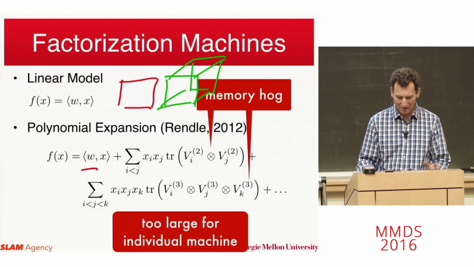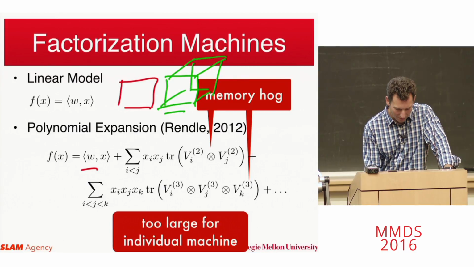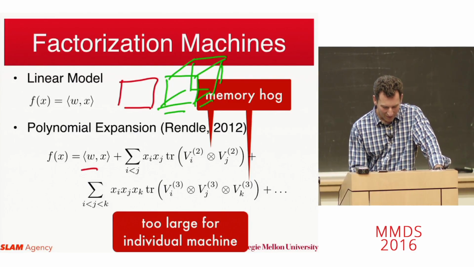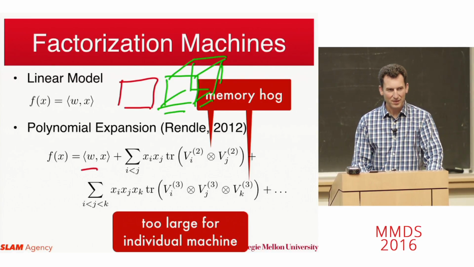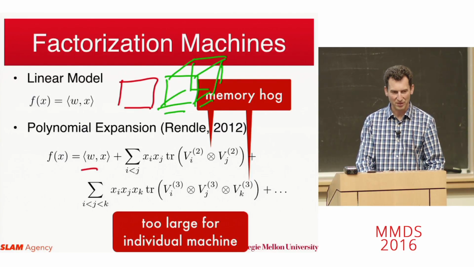And you can immediately see that if we even have just 1 million dimensions on any of those sides here, this is fatal, right? So what Steffen Rendle did, and that's very ingenious, is he said, well, actually, let's just make a low-rank approximation of these objects.